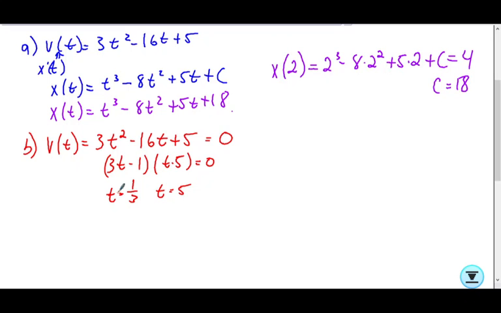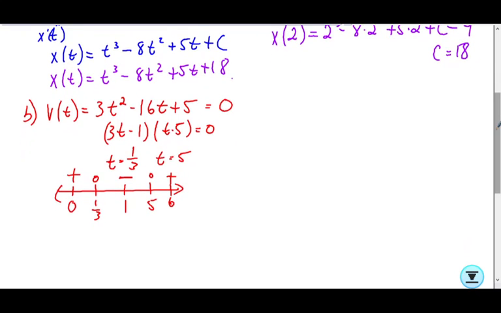So now I got to figure out what directions it's going. If I know at 1/3 it's 0 and at 5 it's 0, what is it doing at 0? Well, when I plug in 0 into my velocity, it tells me I have positive velocity. When I plug in 1, I get negative, and when I plug in 6, I get positive. So those are my directions.